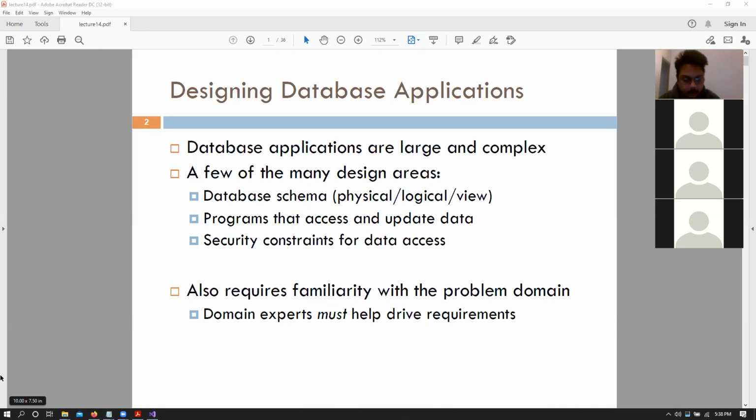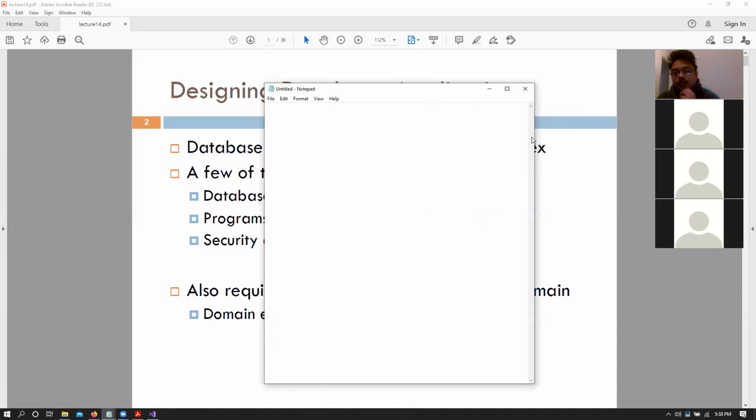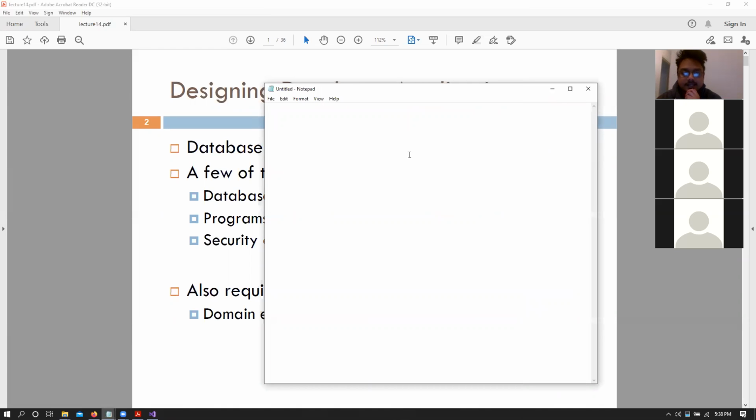A good example of this would be, let's take our banking example. Let's say that we have this account database that has two attributes, a customer ID and a balance, and let's say that customer ID is a primary key.